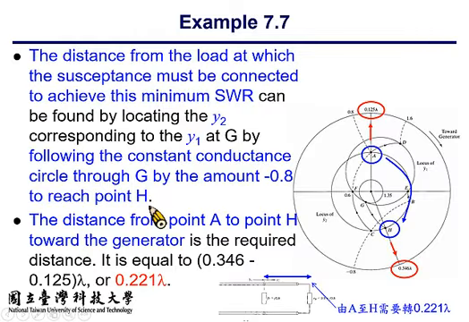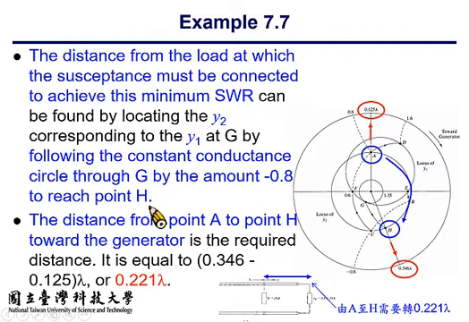Okay, so since you have already worked on Smith chart for a couple of times, I suppose you already know how to do this. You need to draw a straight line from the center to the outer circumference of the Smith chart and read out the distance. So for position A, the corresponding distance mark is 0.125 lambda.